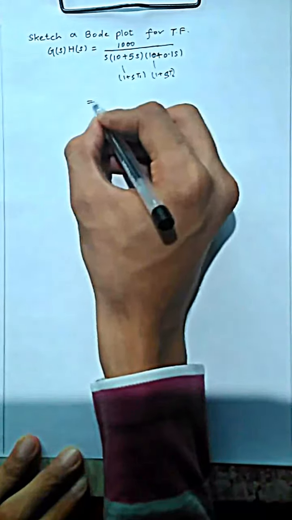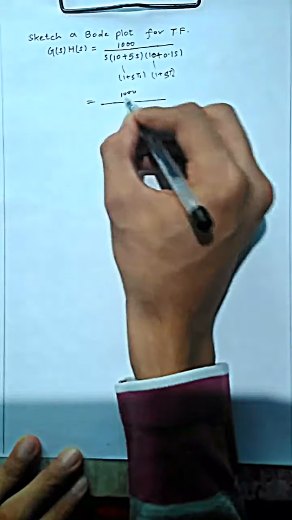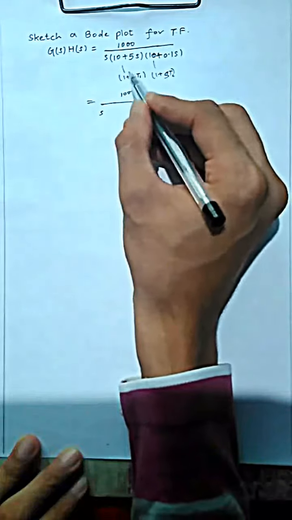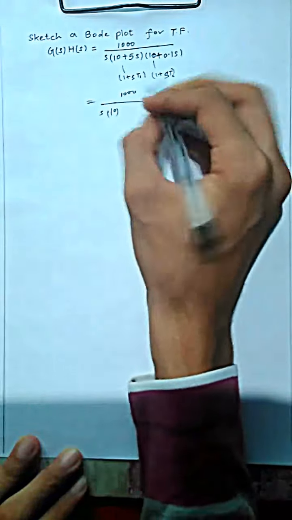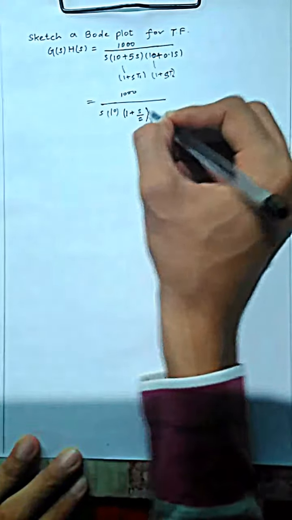So we'll do that. 1000 as it is divided by S. Bring out 10 as a constant, 1 is remaining inside, plus S by 2. Then from here also take 10 constant, 1 plus S by 100.